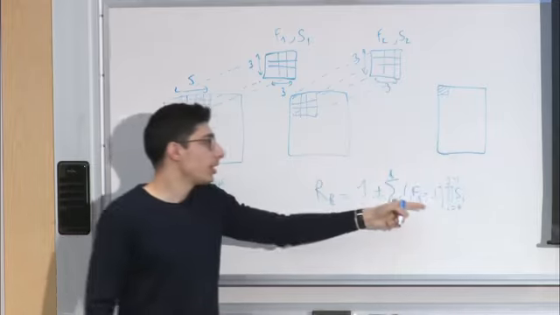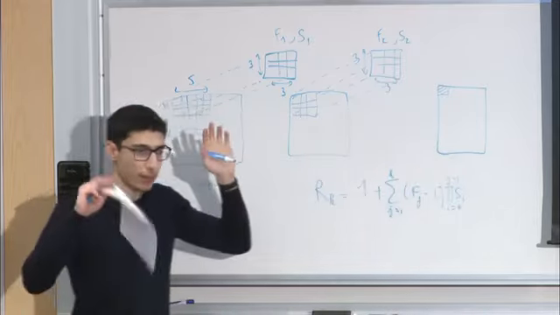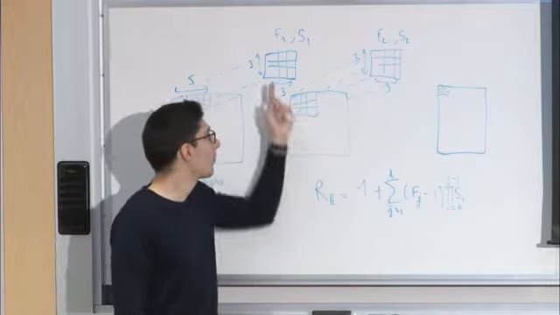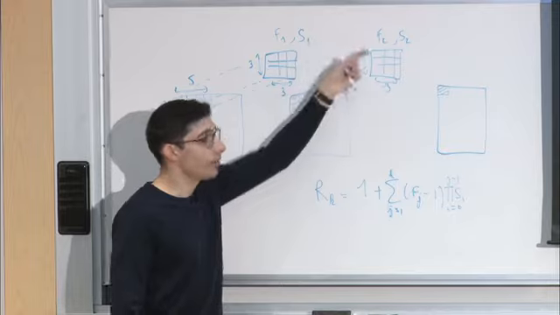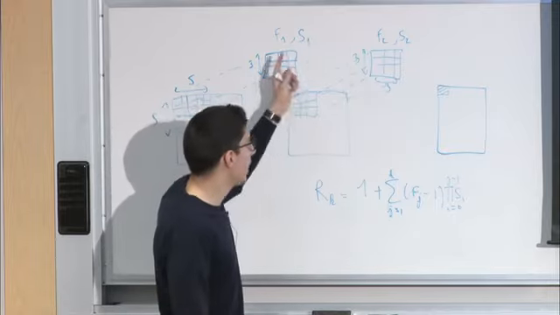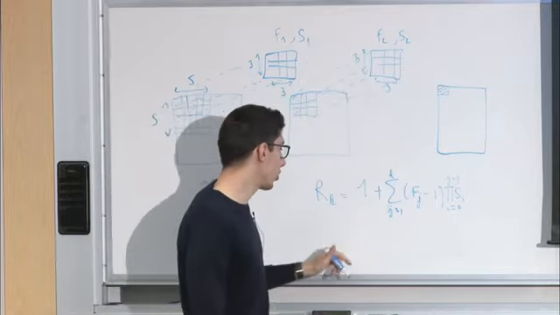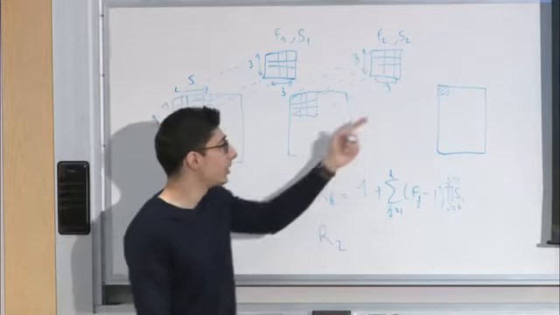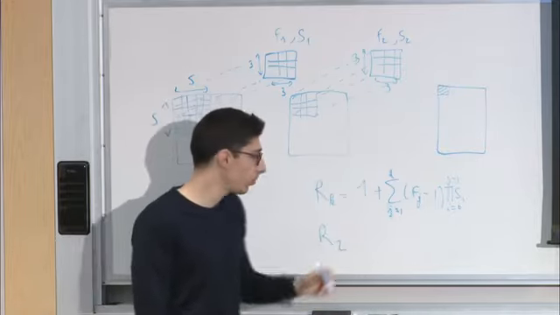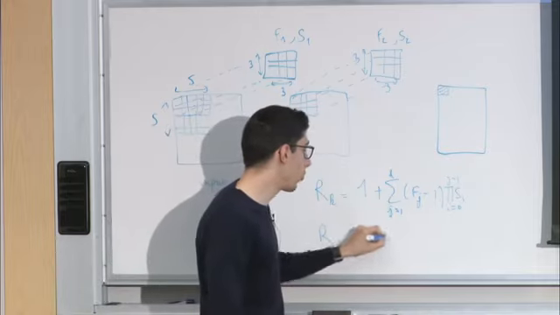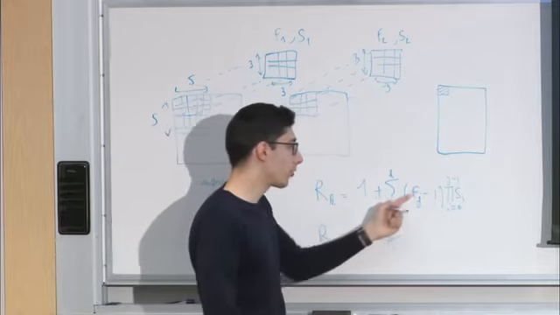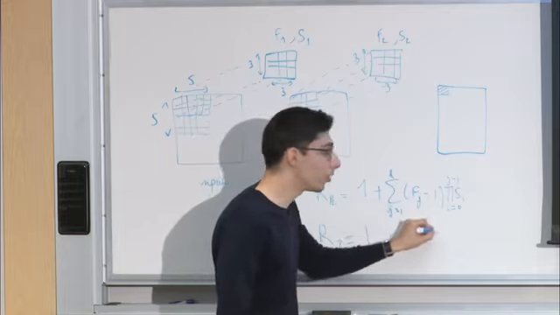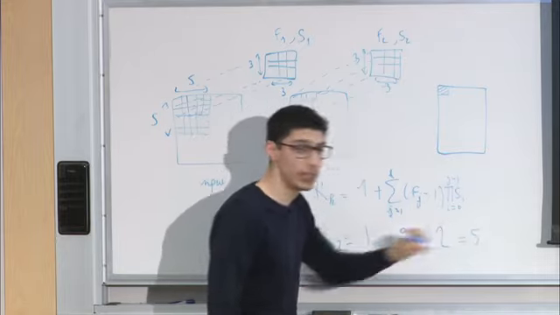With the convention that S0, the stride of layer 0, is 1. For example, here we have F1 and F2 equal to 3, S1 and S2 equal to 1. So you can see that R2, the receptive field size after layer 2, is equal to 1 plus (3 minus 1) times 1, which is 2, plus 2 again, which is indeed 5.